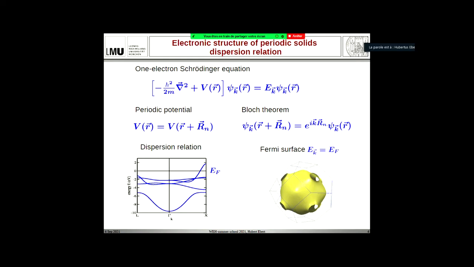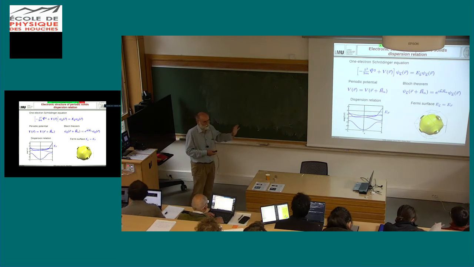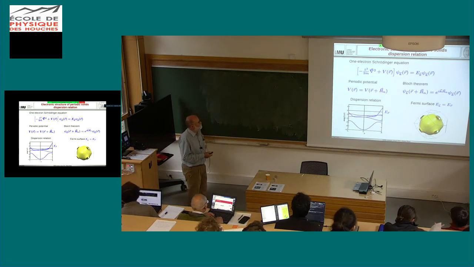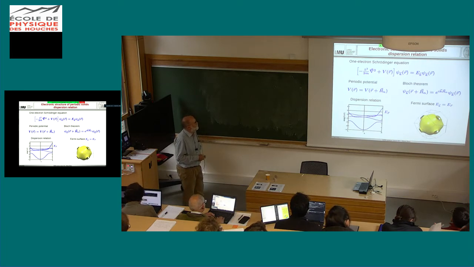Now, from the periodic potential, by considering the effect of a translation by a lattice vector, we have immediately the consequence of the Bloch theorem that gives us the symmetry of a solution to the Schrödinger equation in such a periodic potential, namely given by that expression. I don't have to read it here.